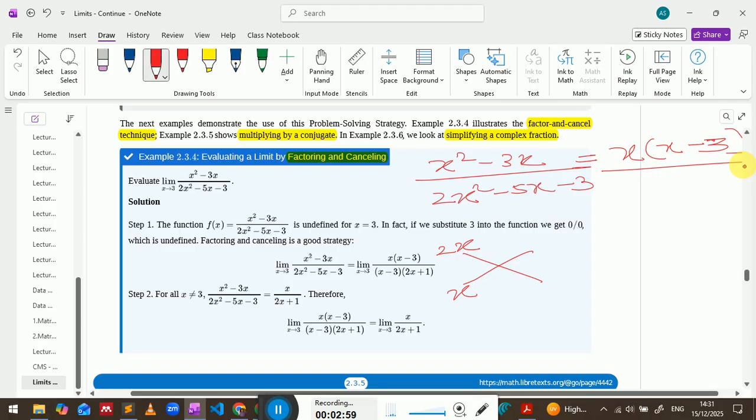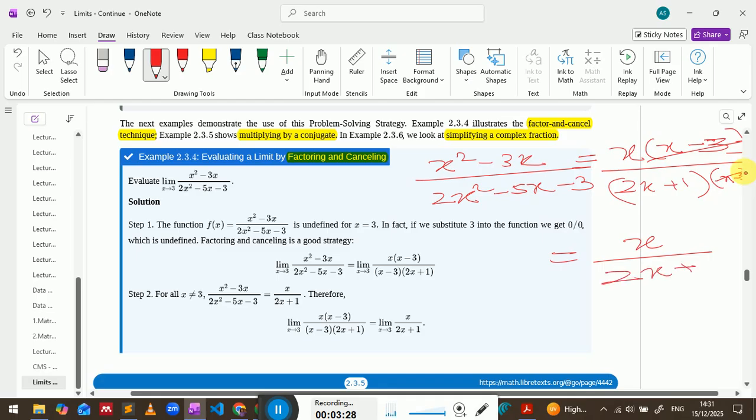So plus 1, minus 3, so minus 6x plus 1x, minus 5x. So we can write the factors as 2x plus 1 into x minus 3. We can cancel this x minus 3 and x minus 3. Then, after factorization, we have x over 2x plus 1.